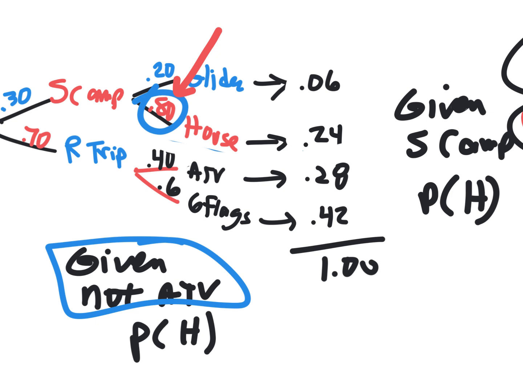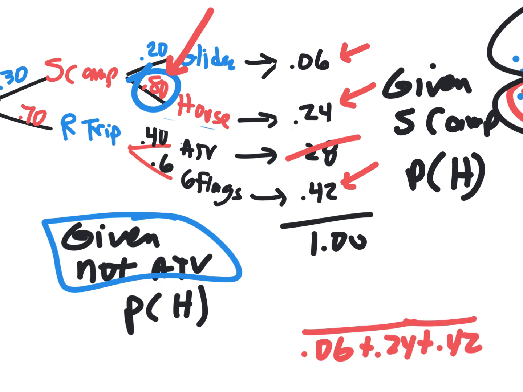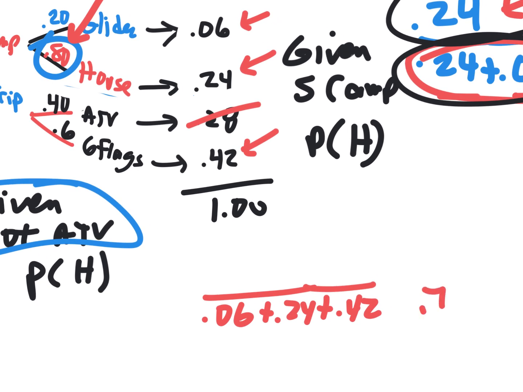All right. So as soon as I said you did not ride the ATV, then this was out, and these were the only things possible. So those are what's possible. They go on the bottom. 0.06 plus 0.24 plus 0.42, and that adds up to 0.72 on the bottom.